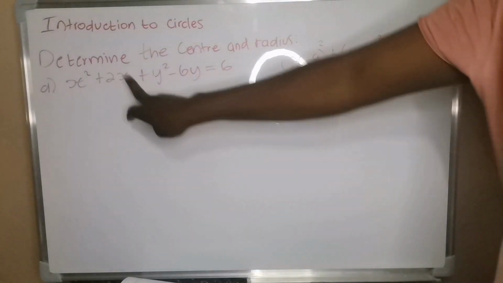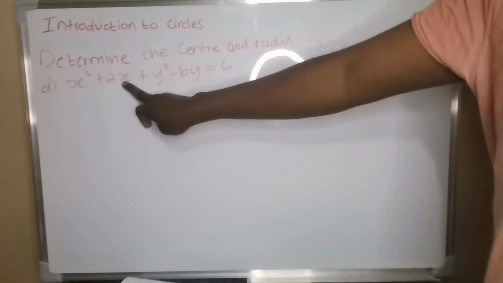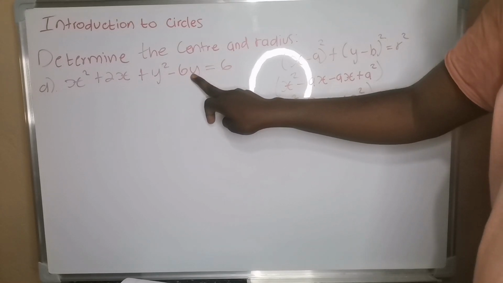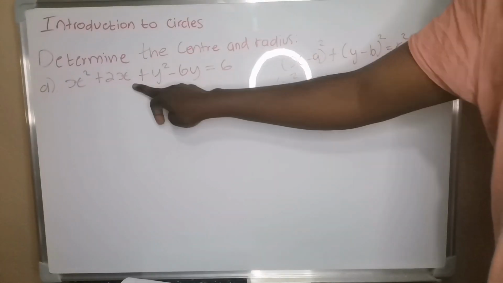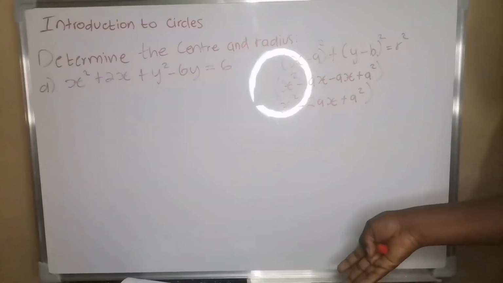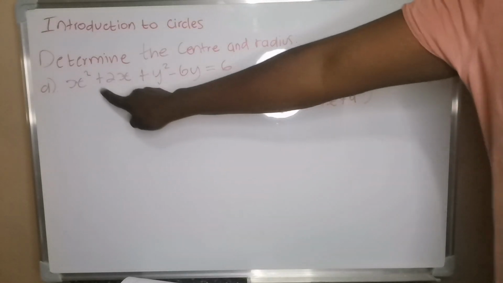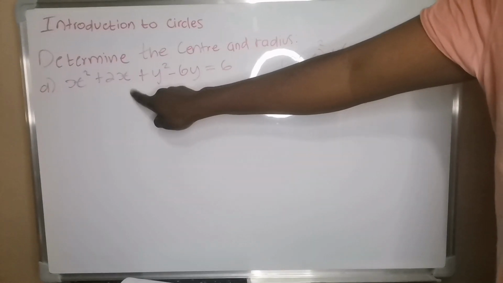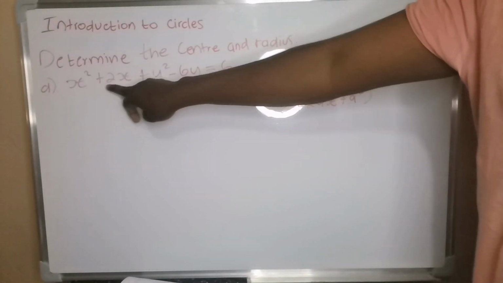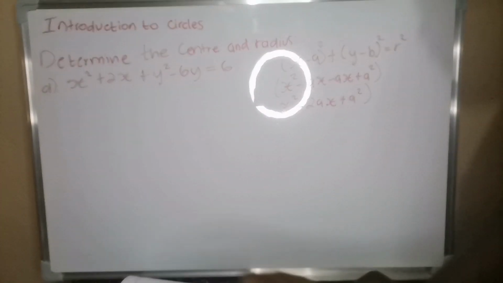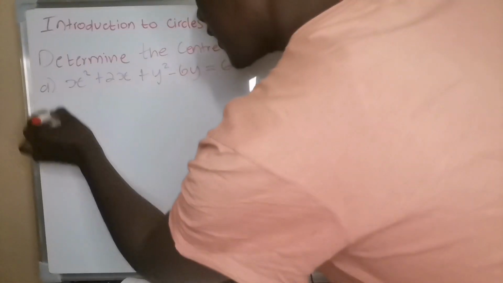Here's my b and here's my variable. You halve your b and square it, basically. So if you divide it by 2, half of your second term, you're going to open a bracket here.